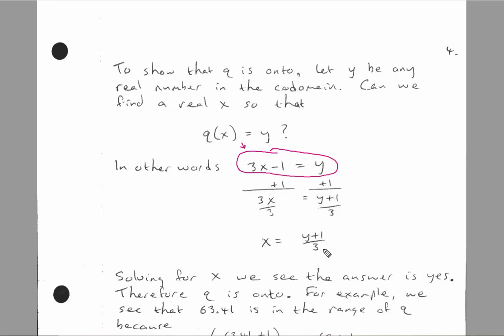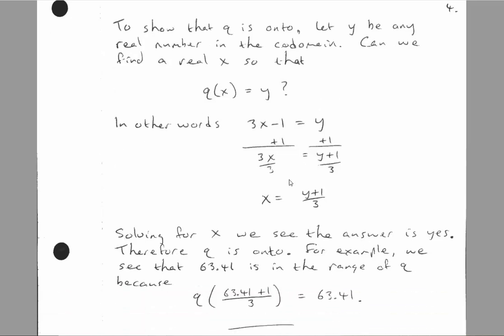Alright, so can we find an x so that Q of x is equal to y, starting with any y? The answer is yes. So this is the x we need. So for example, yeah, if you're checking, pick a random number, 63.41.